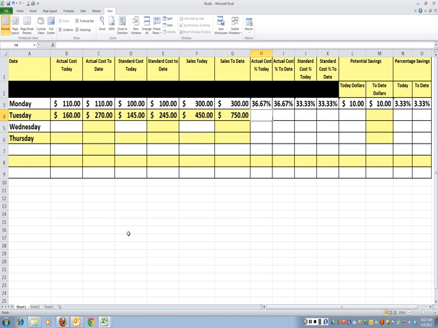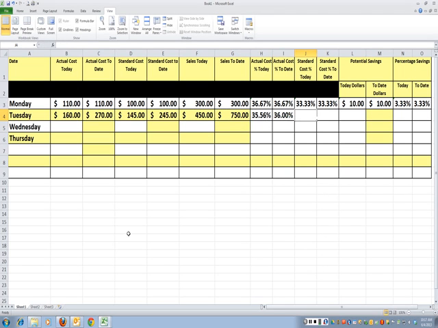So for the week we're at $750. For our actual cost percentage today, we take our 160 for today and divide it by our sales for today of 450, and we're at about 35.56, or 36%. For our actual cost percentage to date, we take our 270, which is our Monday plus our Tuesday, and divide it by our sales to date, which is 750.